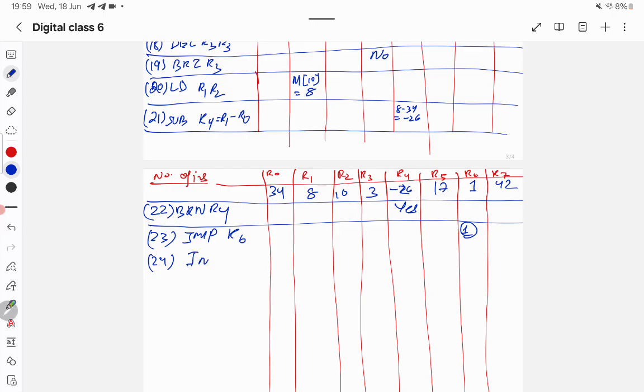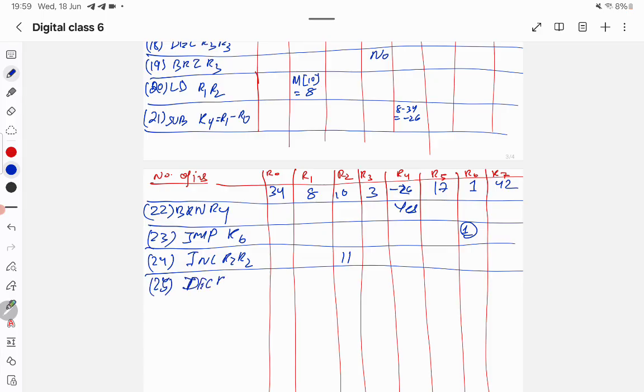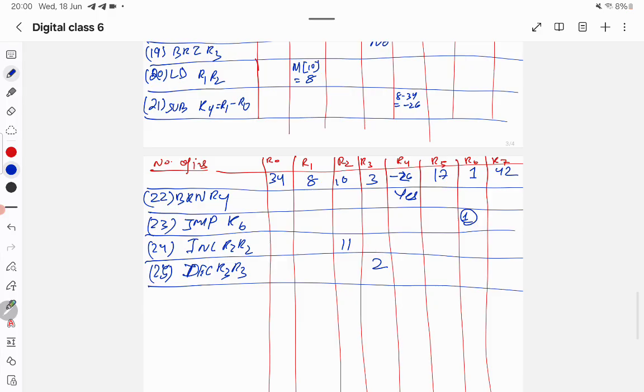So INC R2, increase R2. R2 will become 11, right? Because it was 10. Next 25, tell me. Decrease R3. See, this one is decreasing, and after that 26 is BRZ R3. Is R3 0?